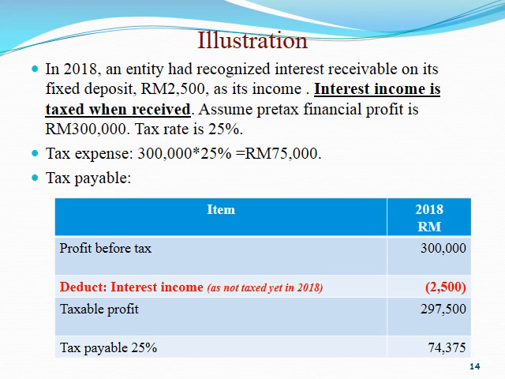However, for tax payable, before we can calculate the amount, we have to adjust the profit before tax first, in which we have to deduct the interest income, as it is not yet subject to tax in 2018. Therefore, the taxable profit will be lower than the profit before tax, and when we multiply with the tax rate, of course the tax payable will also be lower, which is only 74,375.